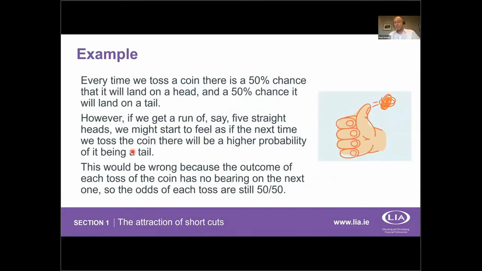So this is a well quoted piece of research that has been used in practice by psychologists down the years. It has to do with toss of a coin and probability theory. In other words, toss of a coin, there's a 50% chance of it coming down with heads, 50% chance of it coming down with tails. And I think most people get that and don't have any issue with that.